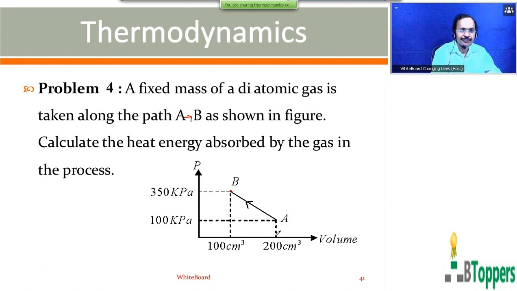Let us calculate the area below the straight line graph and volume axis, in a similar way as you have done. The pressure in the initial state, let us denote it by P1, and the pressure in the final state by P2.